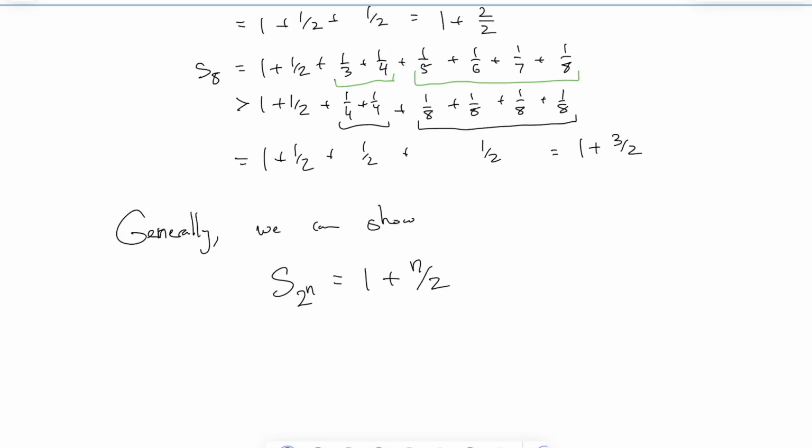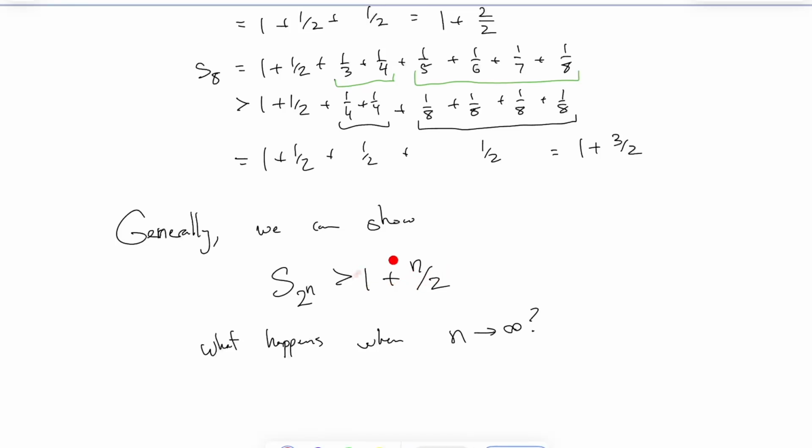All right? And now I ask you, what does this look like when n goes to infinity? Sorry, I shouldn't say equal. It's greater. All this time I'm talking about greater thans. Sorry about that. Greater. It doesn't matter though. Now we wonder, what happens when n goes to infinity?